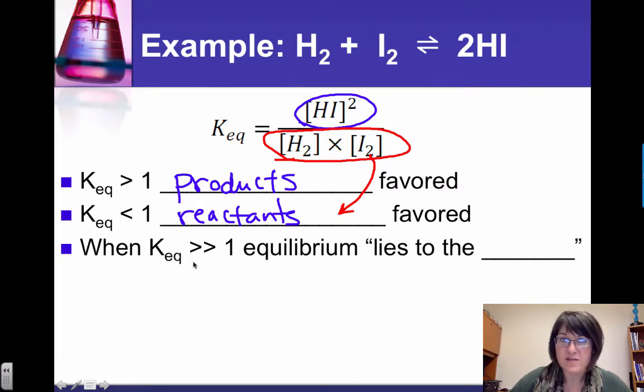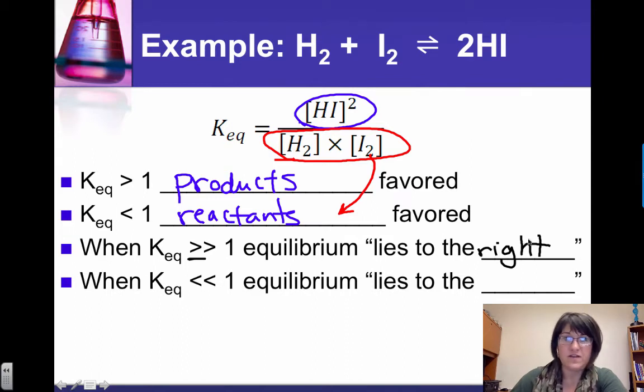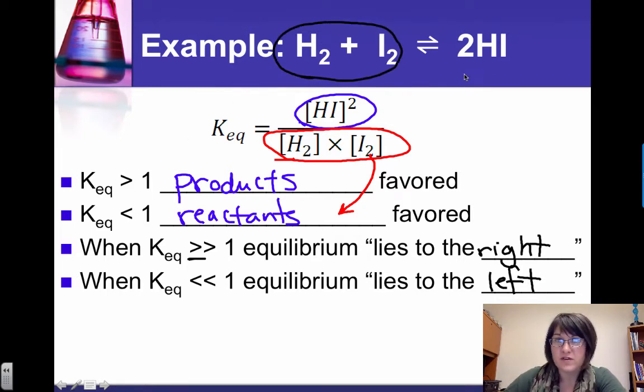When K is much greater than 1, we say the equilibrium lies to the right. And if it's much, much less than 1, we say the equilibrium lies to the left, because it would favor whatever's on the left side of the equation more than what's on the right side of your chemical equation.